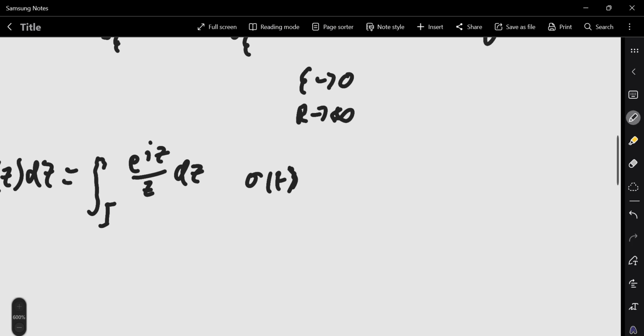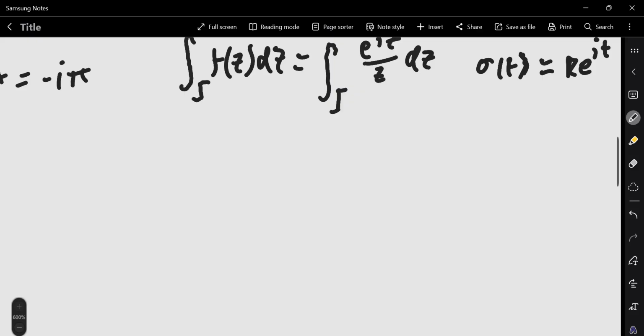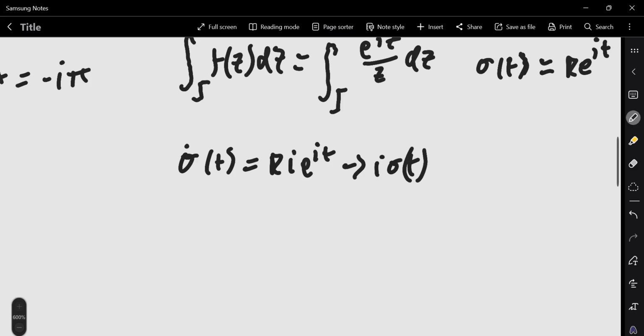Okay, so we're going to use sigma. Sigma of t is going to be r e to the i t, nice and simple, with t between 0 and pi. Now this is all going to go to 0. We're going to see it go to 0. I'm going to do it terribly, but it goes to 0. So differentiate our parameter, and we're going to get r i e to the i t, which is i times the derivative of sigma.